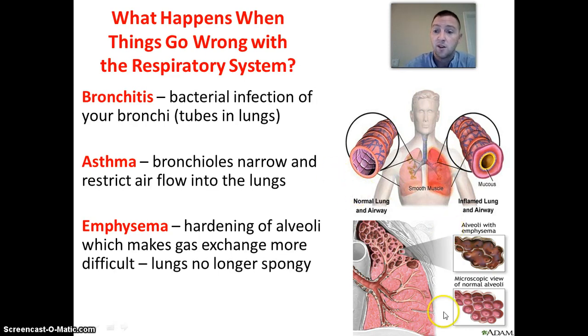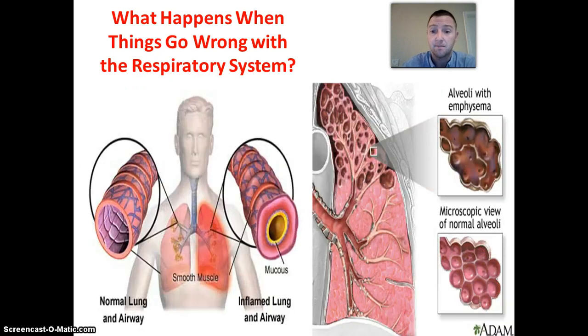Emphysema is where your alveoli are no longer sponge-like. They're no longer soft and squishy. They harden, and the walls break down in between them so that they can no longer exchange gas as well. It makes it harder to breathe. I'm getting air down into the alveoli, but it's not making it across that membrane into the capillaries.